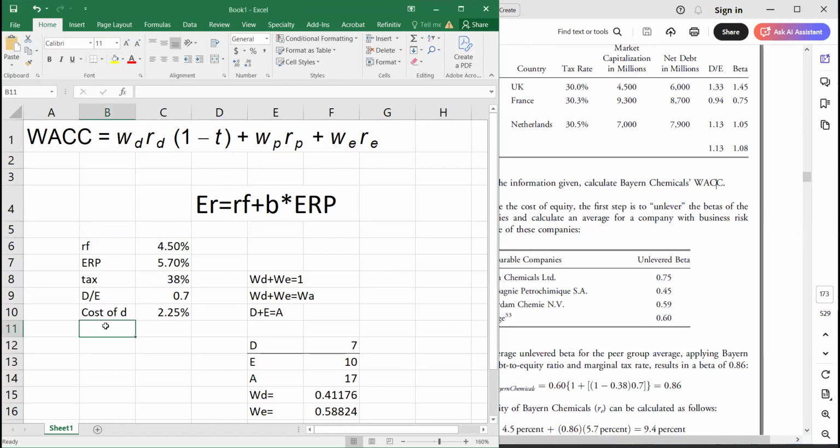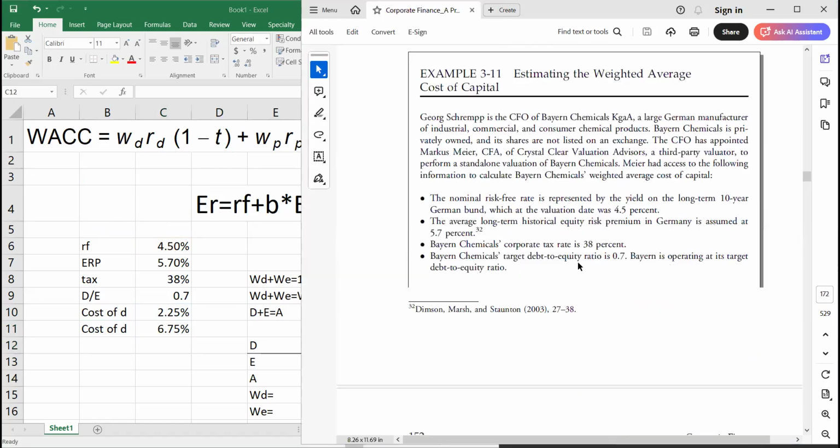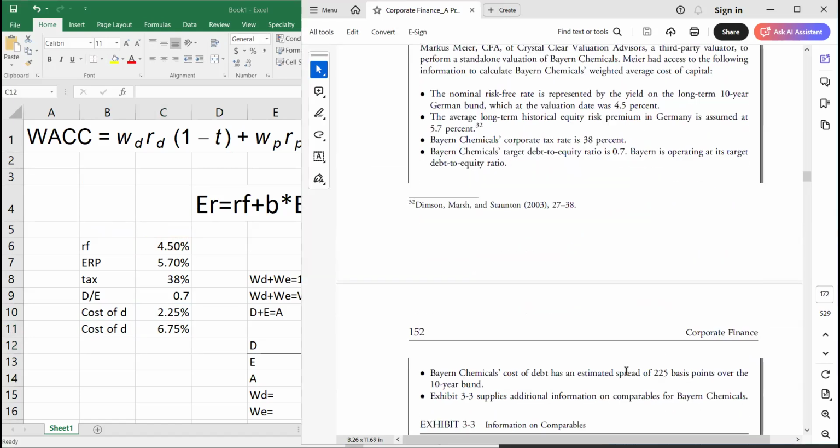Now, so cost of debt, it's basically 2.25 plus the risk-free rate. Now, guys, do you know what the spread means? Here, it says spread. Where is it? Here. Yeah. Do you know what the spread means?